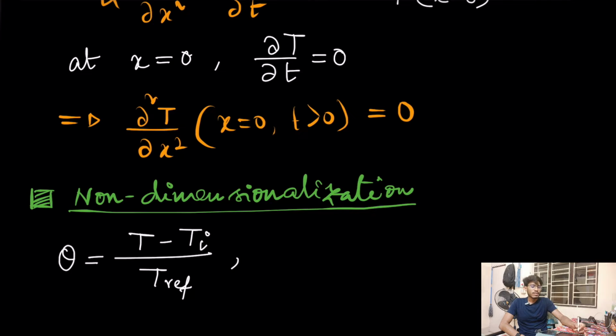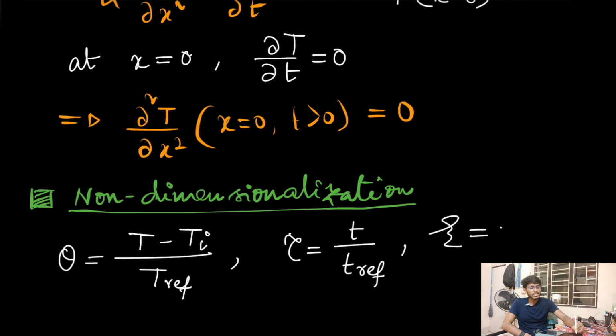Now we don't define the T ref directly, we have to find that. We also define some tau that is equal to t by some t ref. Clear? And we also define some x bar, or maybe this time I will write some stylish variable, and that is zeta. It looks very stylish, right?